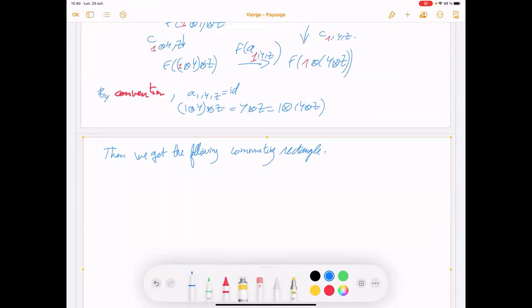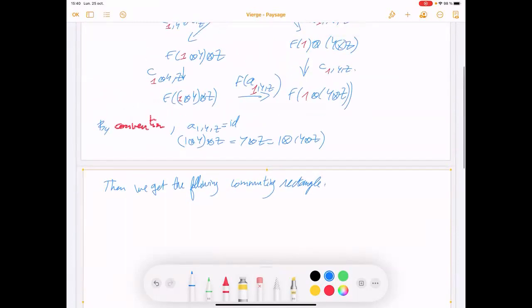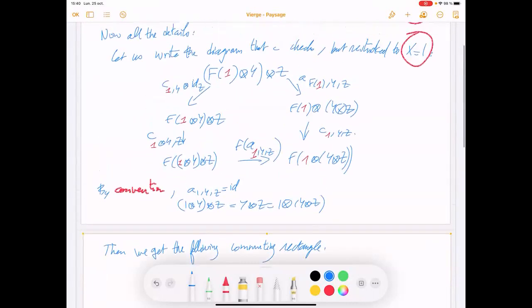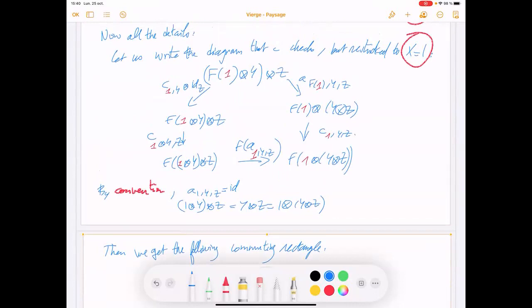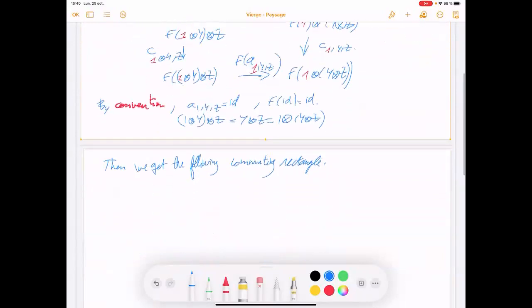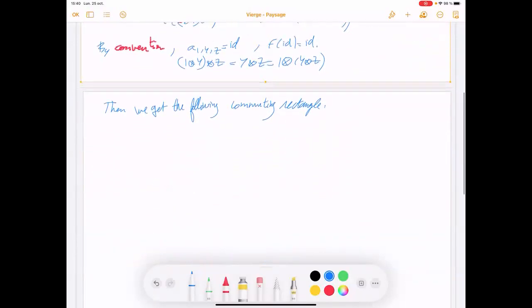I should also mention here f of ID is equal to ID because f is a functor. Okay.